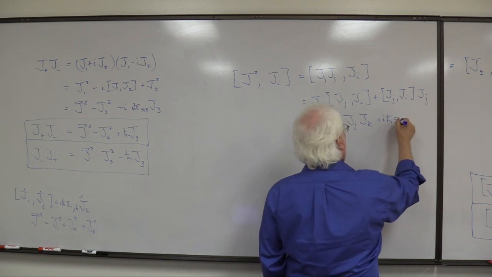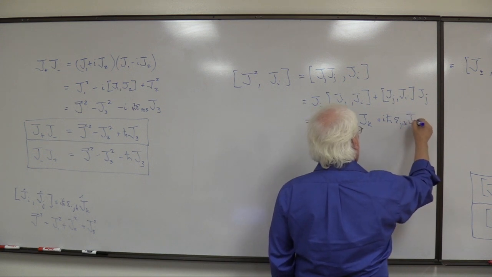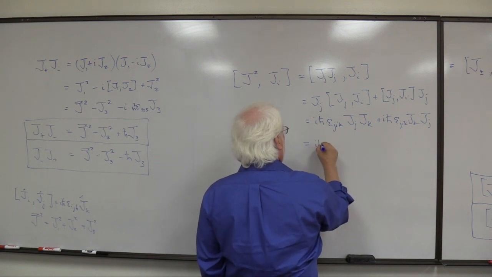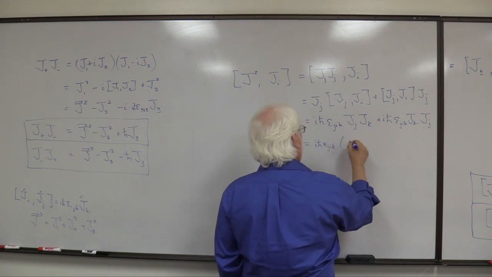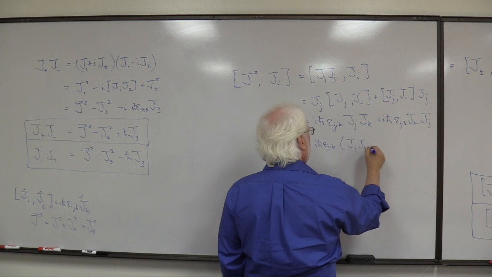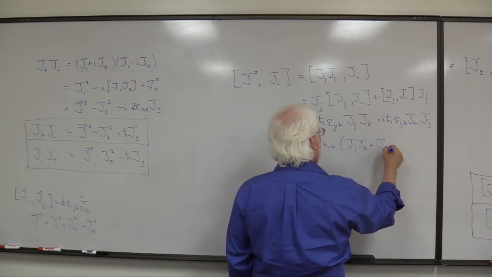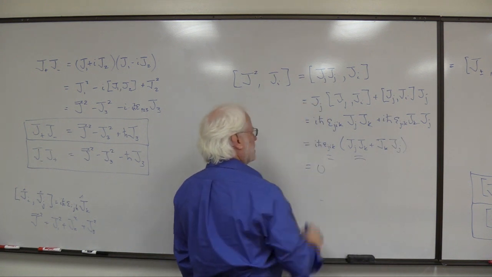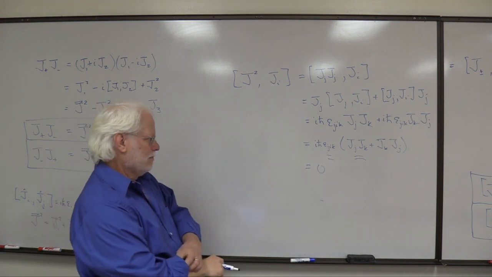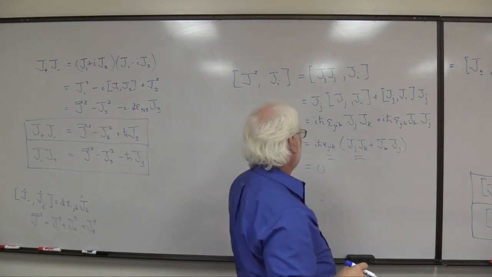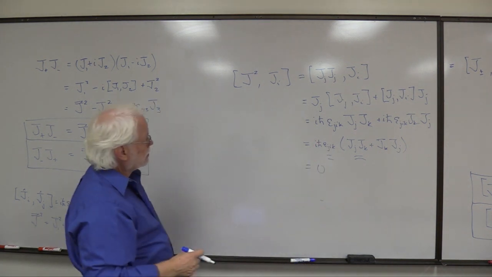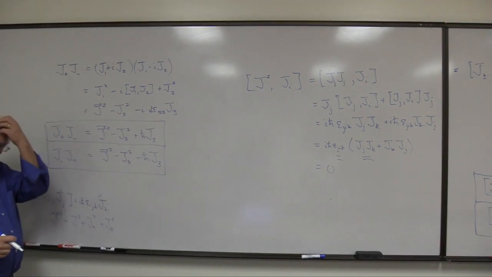We have epsilon j i k J k now, and then the final J j. And so this is i h bar epsilon j i k, but then times the symmetrized product J k J j. This is symmetric, this is anti-symmetric, so we get 0. And we could commute those and subtract. But anyway, symmetric versus anti-symmetric. So J squared commutes with all three of these.